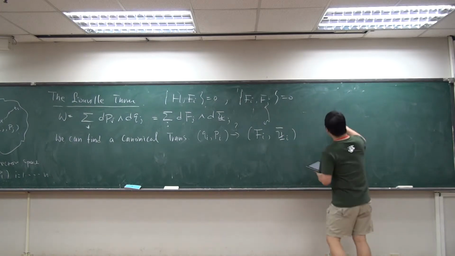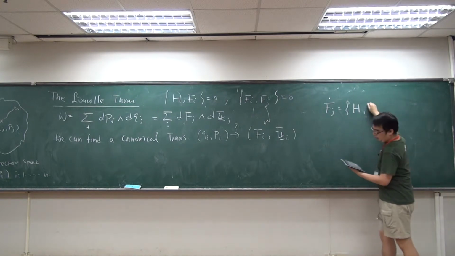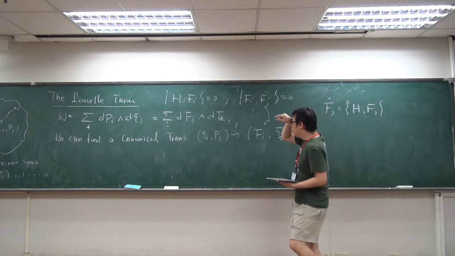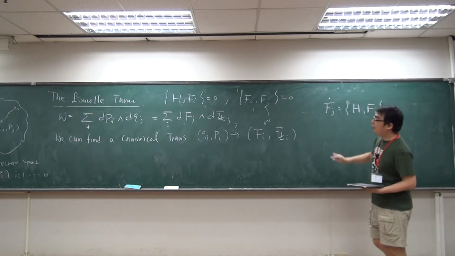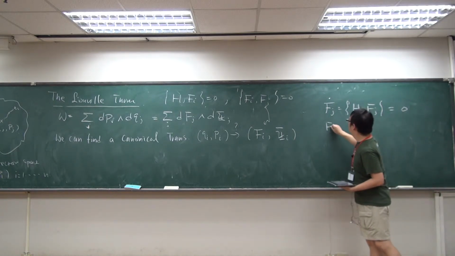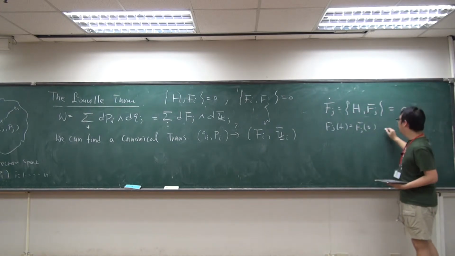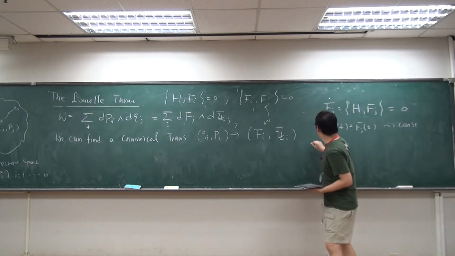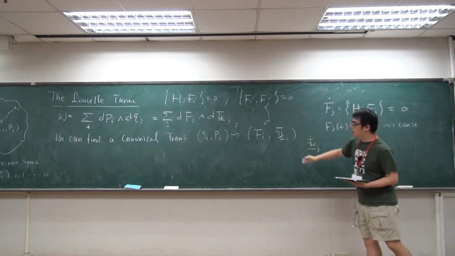If you look at the Hamiltonian equation of motion for F_j, by definition it's a conserved quantity, therefore this thing is 0. That tells you that F_j at any given t is simply given by its initial value, a constant. Also, look at the time evolution for psi.